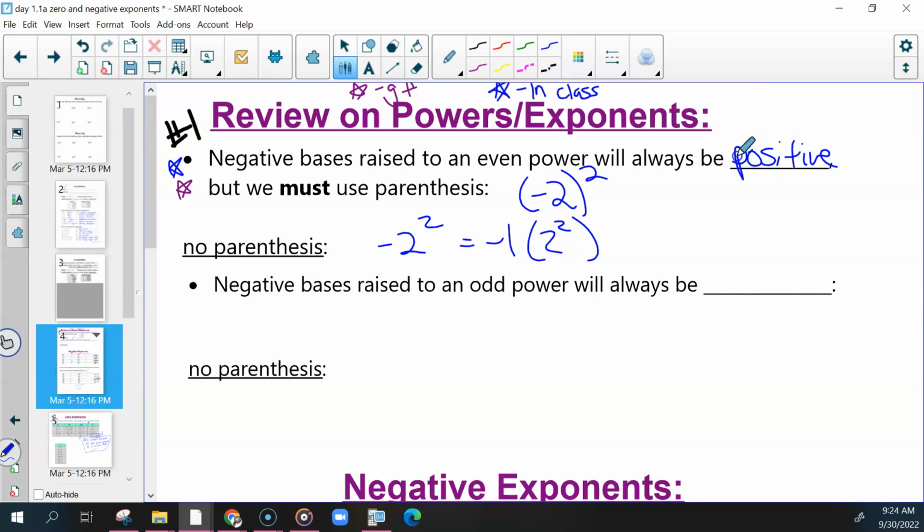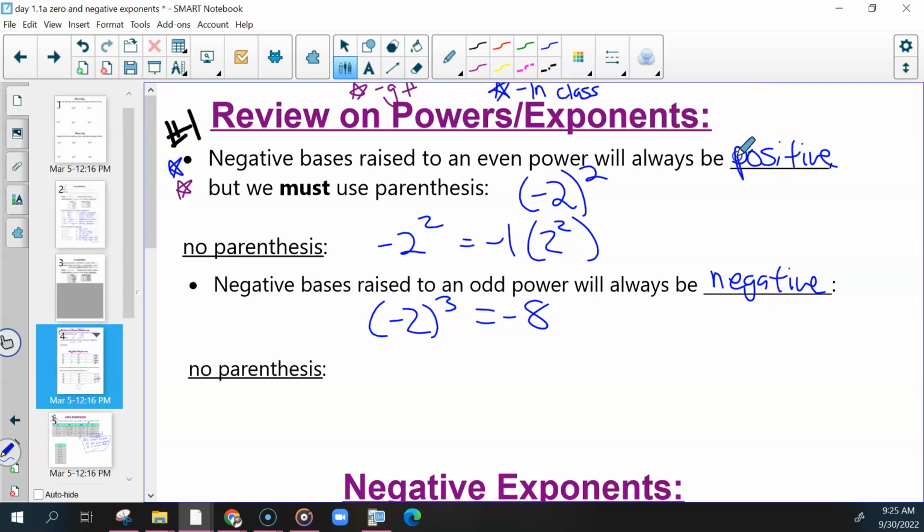The opposite is true for odd exponents, odd powers, because those will always be negative no matter what. So if I use parentheses, let's say I had negative 2 raised to the third, that would be negative 2 times negative 2 times negative 2. The first two would make it positive, but that last one would make it negative.